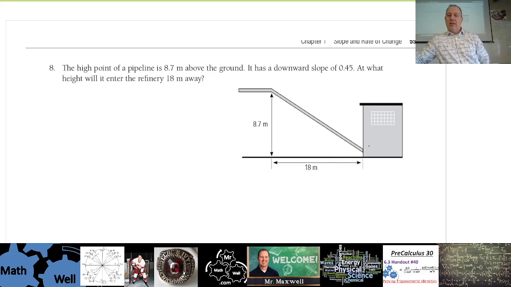So look, this is entering the refinery at a point above the surface of the ground. So that means that it would actually be hitting the ground over here somewhere, really, which would be a little bit greater than 18. Does everyone see that? Okay. So now, I've got the slope. I need to find out this little height here.